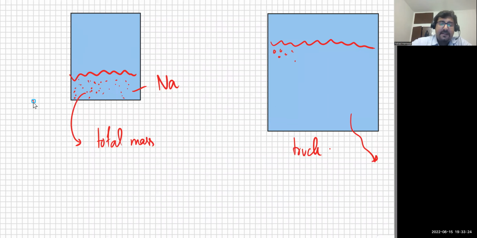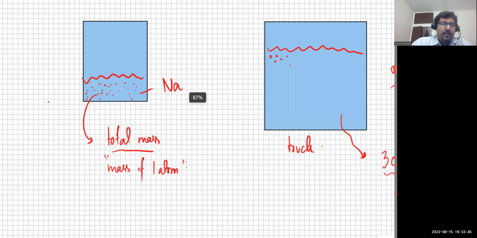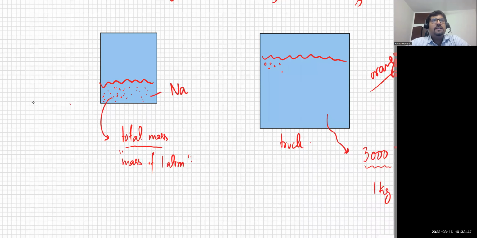So I'm going to divide the total mass by the mass of one atom. All I need to do is very accurately measure the mass of one single atom.